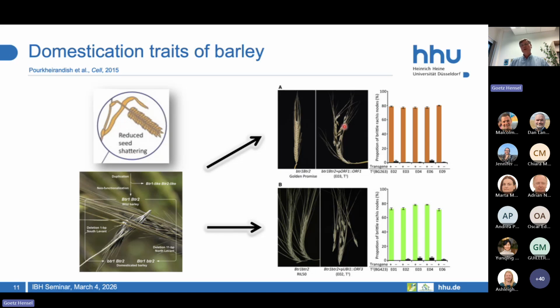So this means Golden Promise, of course, is non-brittle. And if you bring in the functional allele, then all the transgenics, so you see here with the plus and the minus, the transgenics became brittle. And this we proved also for the other gene, for BTR2. So here we had a near isogenic inbred line, which we were able to transform, and here the same holds true.